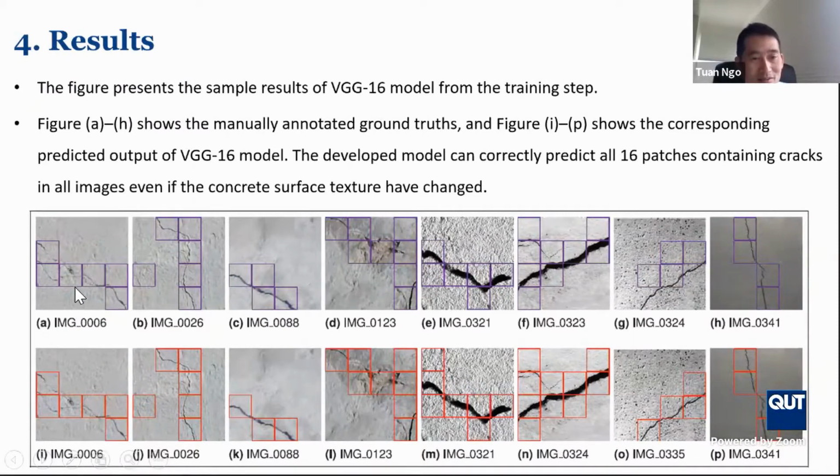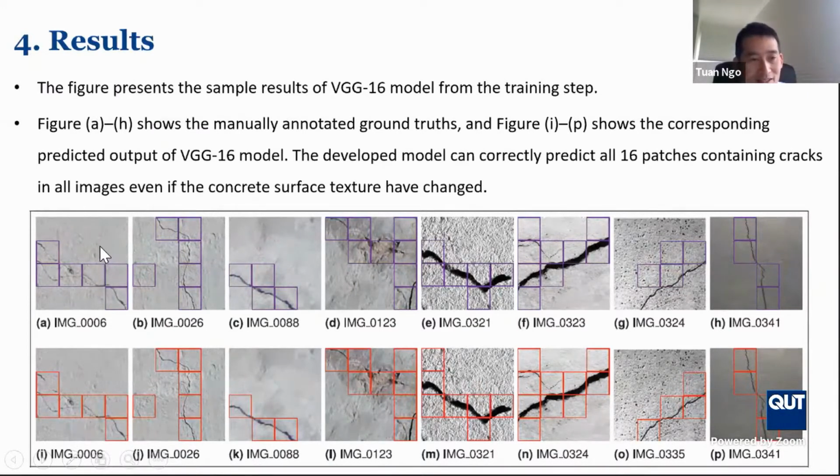The top row is the actual manually annotated images, and the bottom row is the predicted output from the VGG16 model.